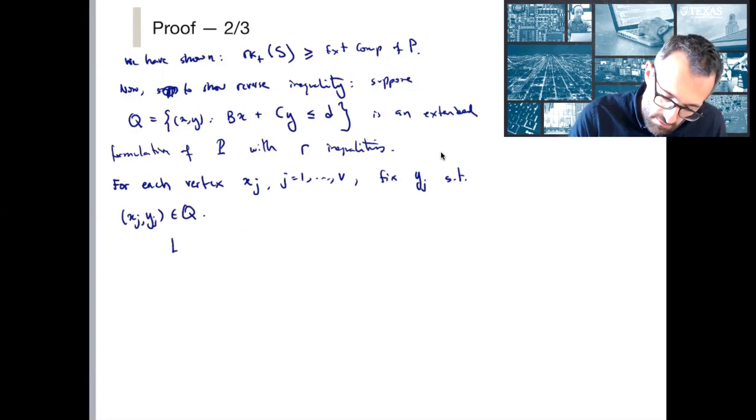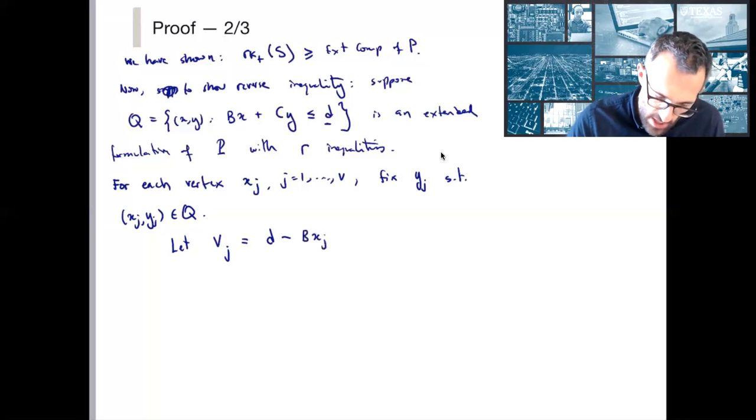And now let's let vj equal d minus b times xj minus c yj.